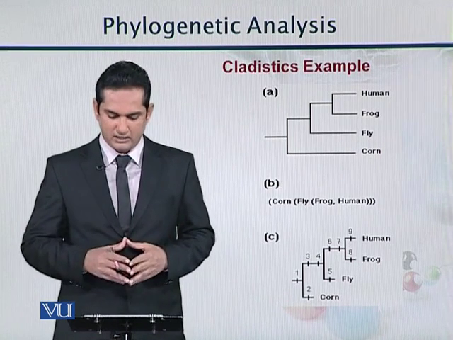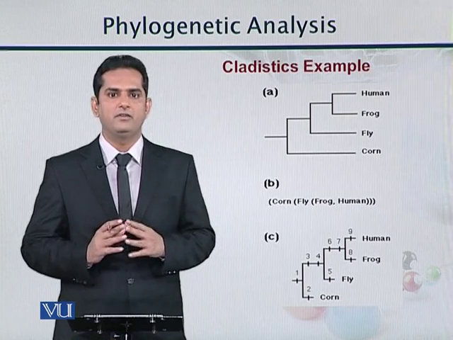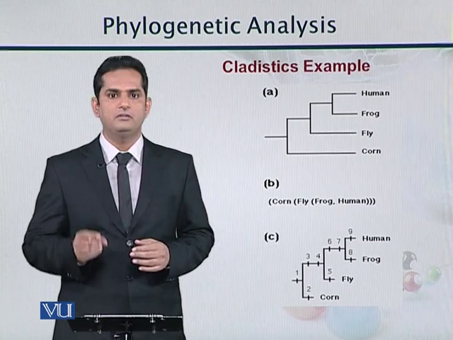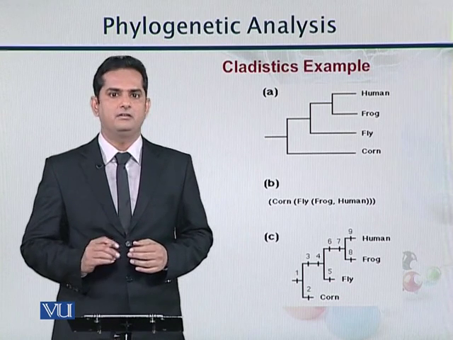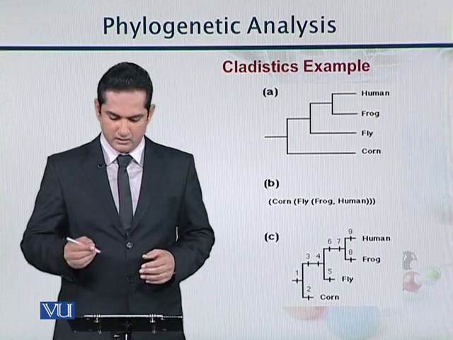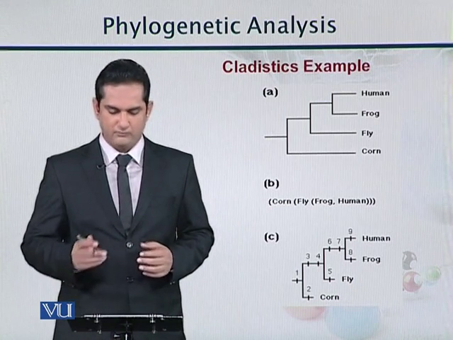This information I have shown in figure A as a simple tree where there are no weights. But in the B part, or rather C part, I have shown the relationship between different species with the help of weights. If you see, the root is at 1, then we have human at 9 and frog at 8.